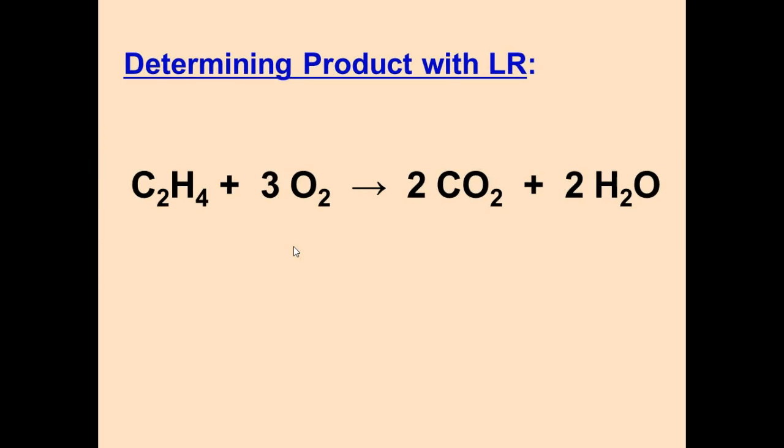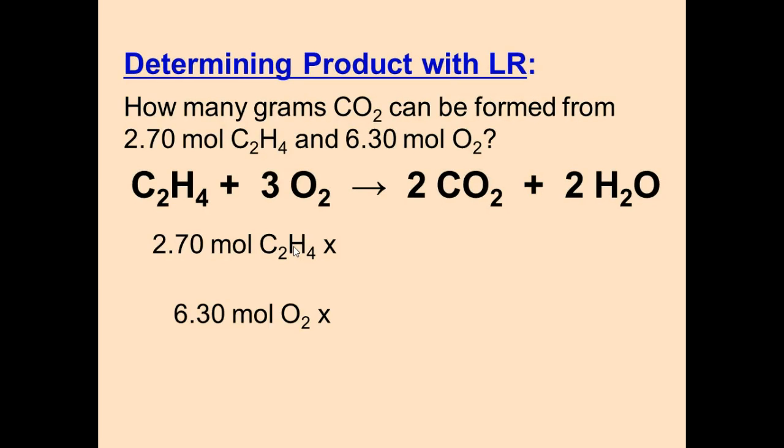And now we're going to determine the amount of product with the limiting reactant. So again, we do the same exact steps. So first we read the problem. So we're asked how many grams of CO2 can be formed from 2.7 moles of C2H4 and 6.3 moles of O2. So we have these moles and we use molar ratio because we're given moles and we want to convert to moles of CO2. So here's CO2.